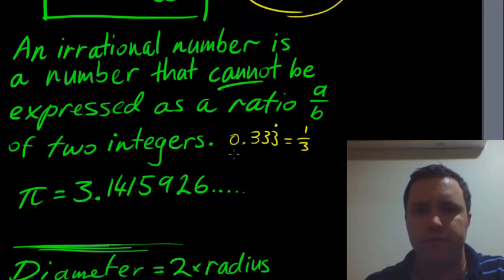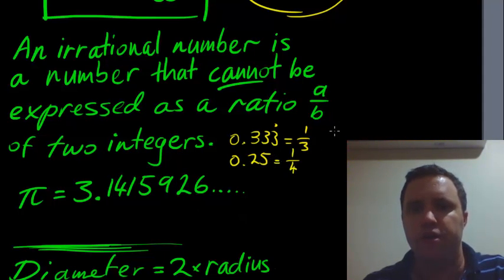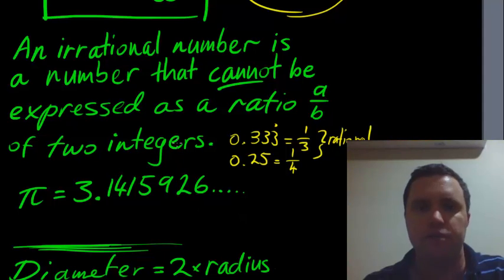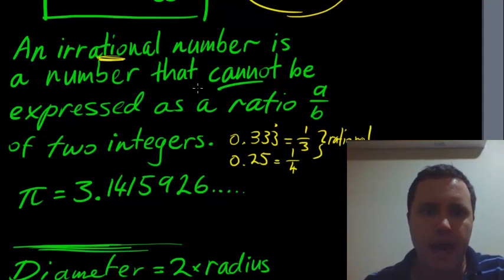Or 0.25 could be represented as 1 divided by 4. These things are what's called rational numbers. Whereas pi is irrational, okay? It cannot be expressed as a number over a number, okay?